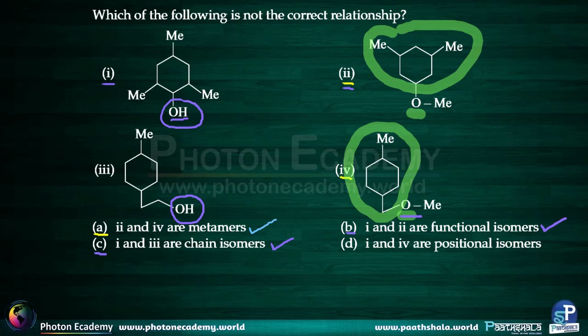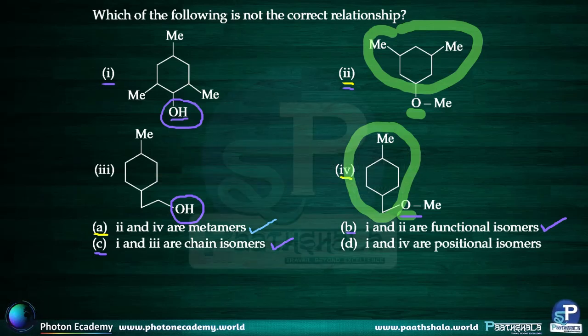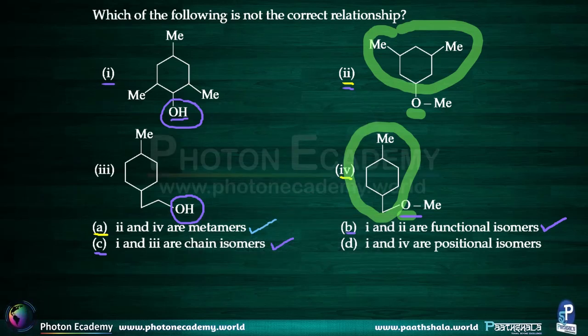In a positional isomer, the functional group stays the same, only the position of the functional group in the carbon chain changes. Hence, the functional group is changing here, and thus these cannot be positional isomers. Hence, the given relationship that compounds 1 and 4 are positional isomers is completely wrong, and thus option D is the correct answer to this question.